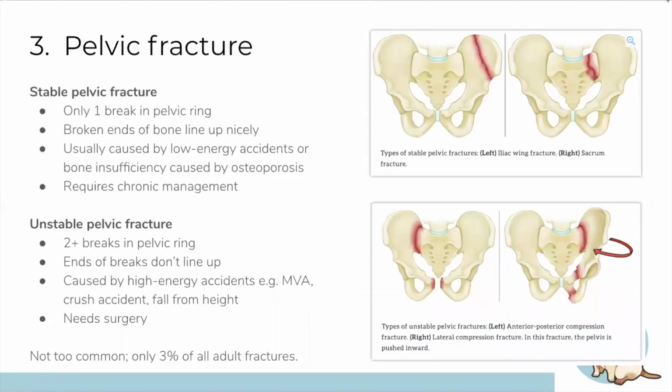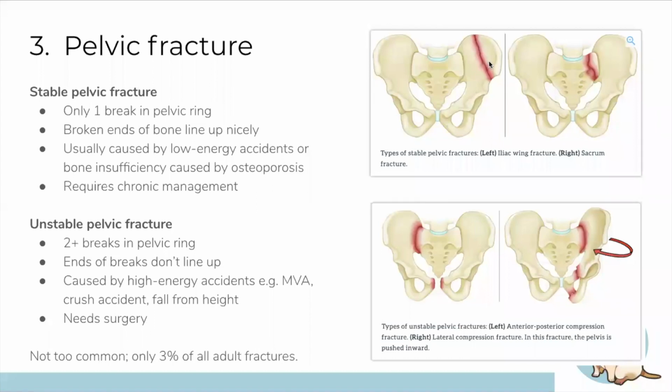Next is the pelvic fracture, which is less common, but seen a lot more in motor vehicle accidents, high trauma incidents, and stuff like that. There's basically 2 types of pelvic fractures, the minor one and the major one, basically stable and unstable. When you have a stable pelvic fracture, since the pelvis is kind of like a ring, you only have one break somewhere in that ring.